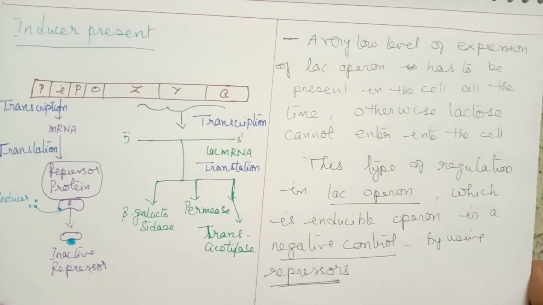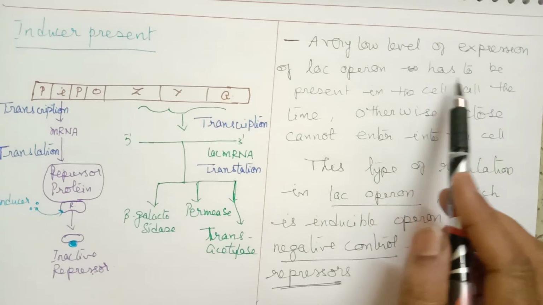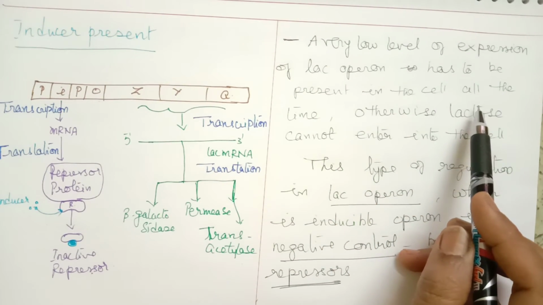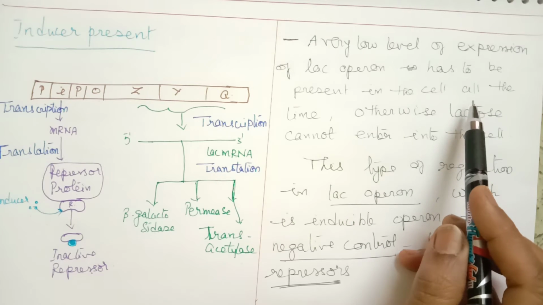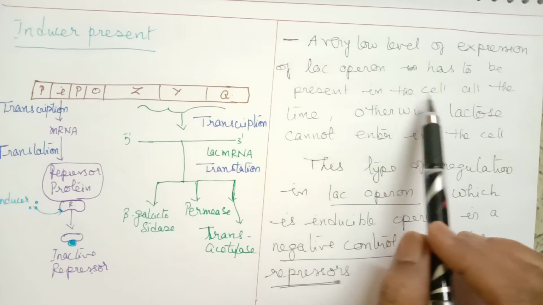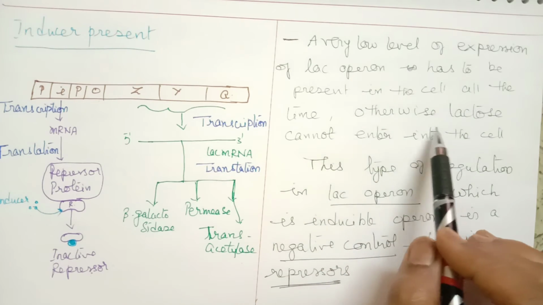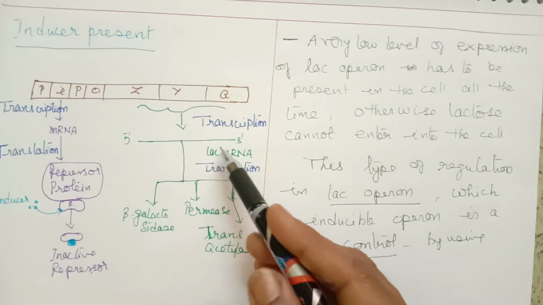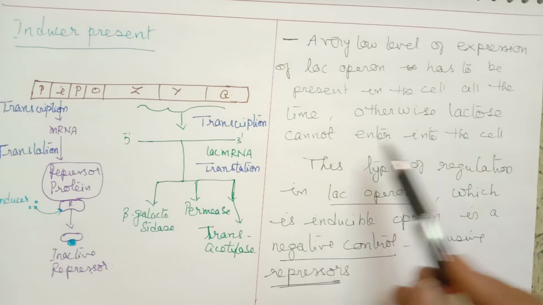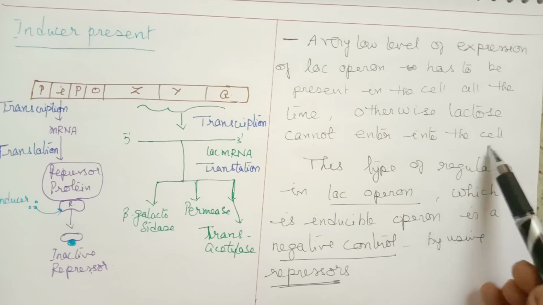So a very low level of expression of Lac Operon has to be always present in this cell. Whether inducer is present or not, a very low level of expression is always present in the cell. Otherwise, there will not be any permease produced. If there is no permease, lactose cannot enter into the cell.